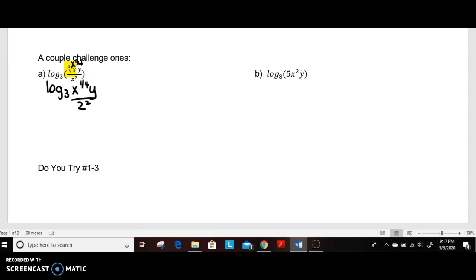Okay, so I've got multiplication up here in the numerator. Down in the denominator, I have z squared. So let's see, that's going to be log base 3 of x to the 1/4 y minus, because of the division there, log base 3 of z squared. Now we're going to use that power property of logs.